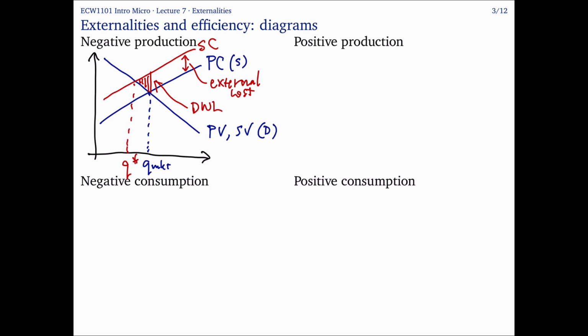Why? It represents all the external costs. Remember, the vertical distance between the social cost and the private cost is external cost. It represents all the external cost that is not offset by any additional private value. So this parallelogram is all the external costs from this additional quantity, but some of that external cost generates private value, the benefit to the consumers of consuming these extra units.